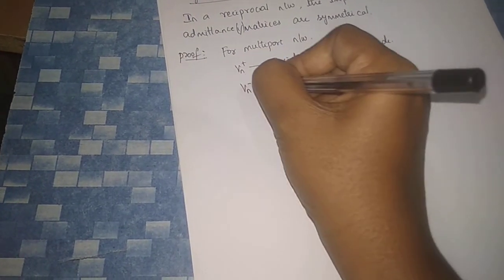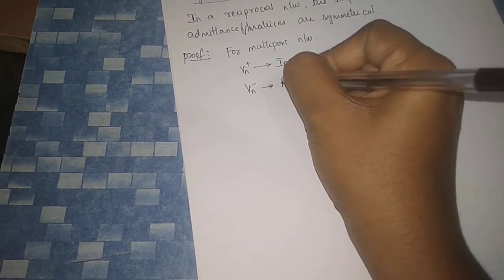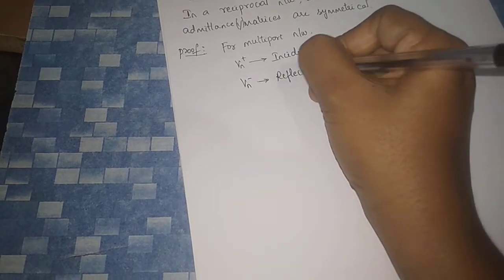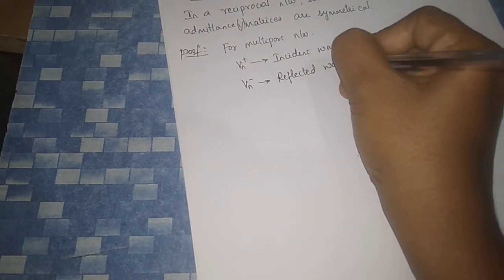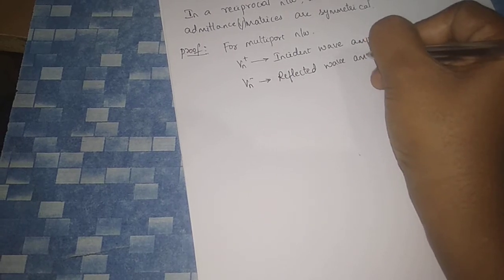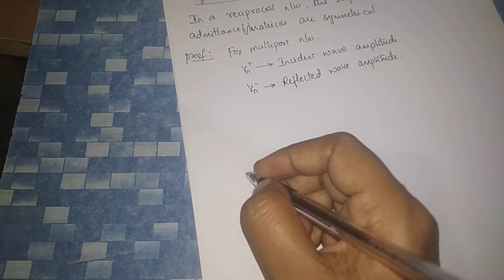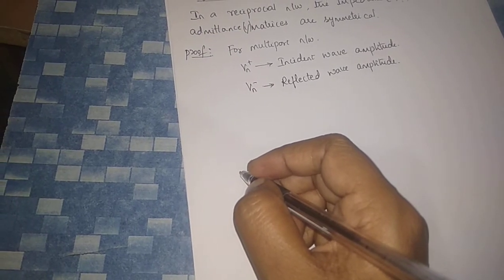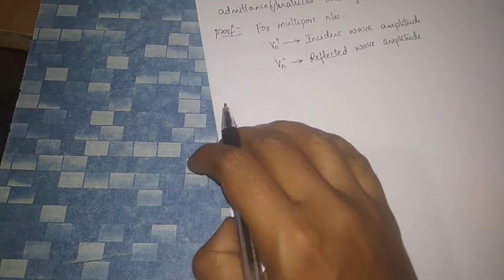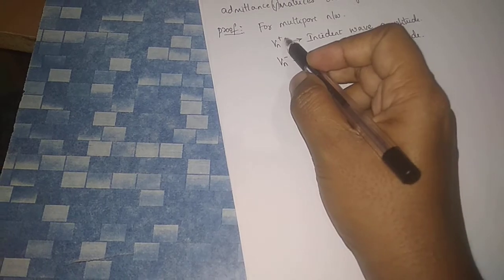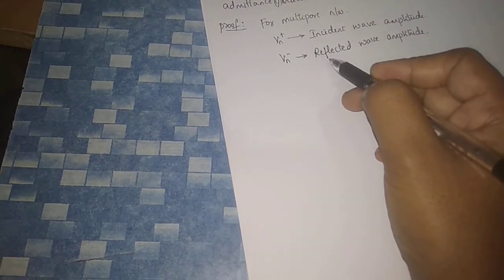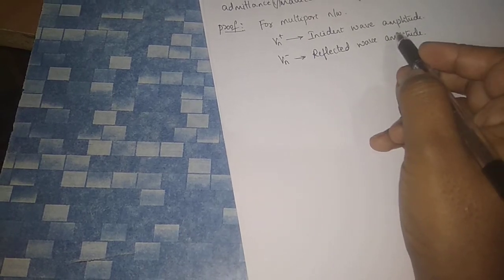Vn minus is the reflected wave amplitude. So here we are considering multi-port network in which Vn plus represents incident wave amplitude, Vn minus represents reflected wave amplitude.